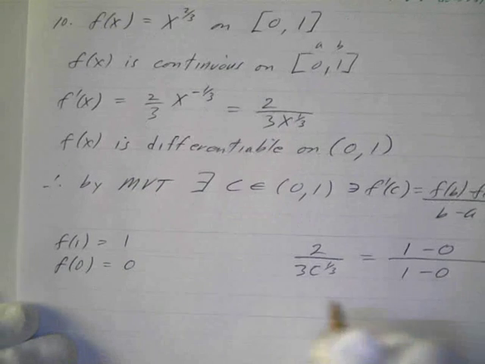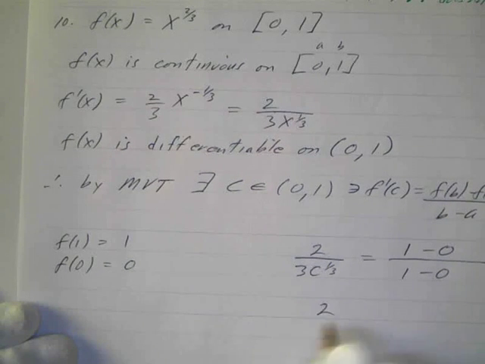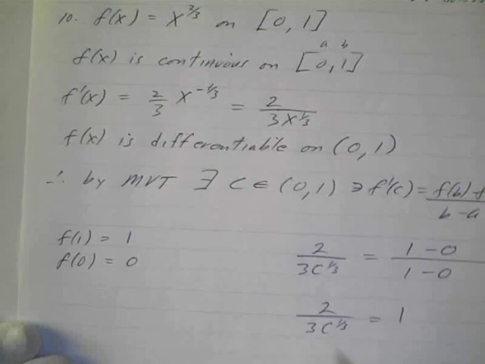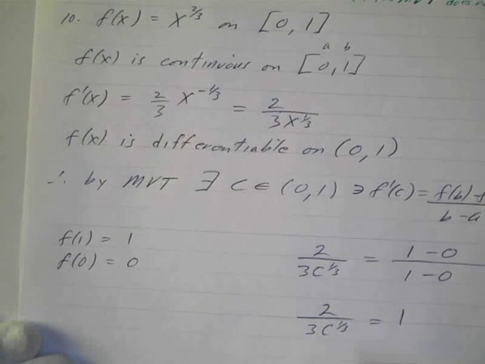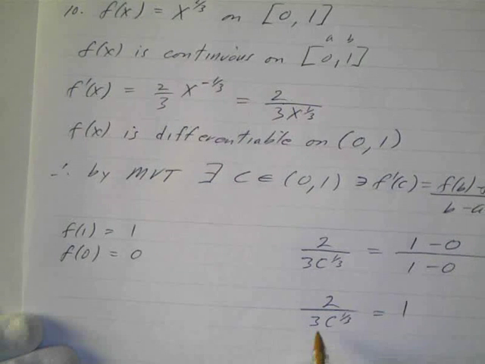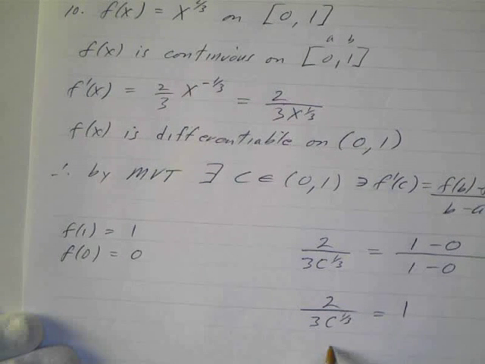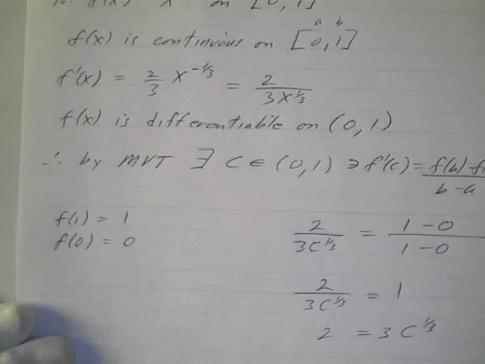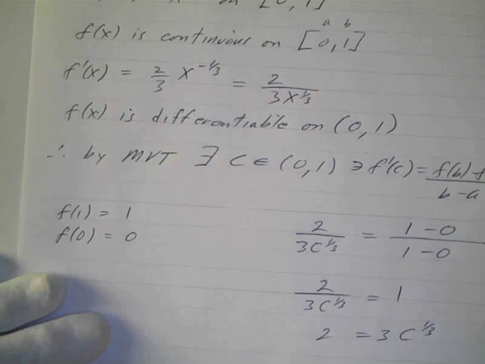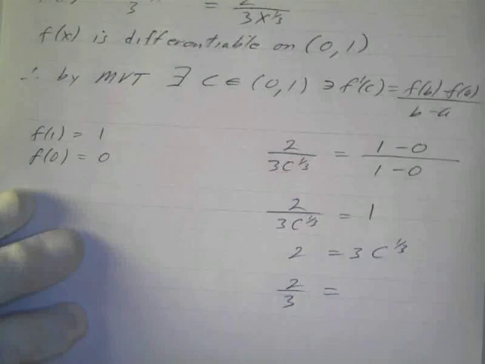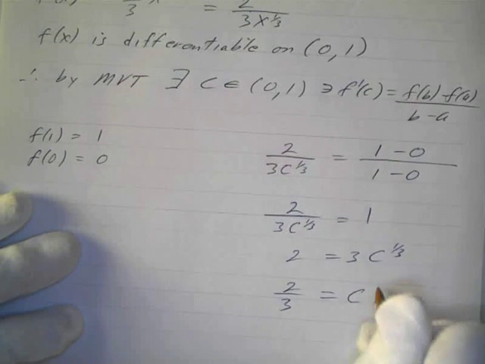So now we have 2 over 3 c to the 1/3 equals 1. And if we multiply both sides by 3, we have 2 equals 3c to the 1/3. And if I divide both sides by 3, I've got 2 over 3 equals c to the 1/3.